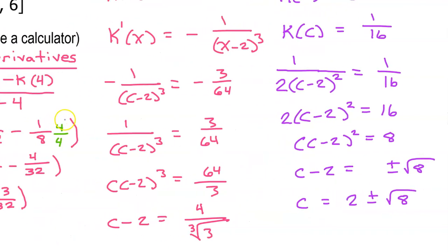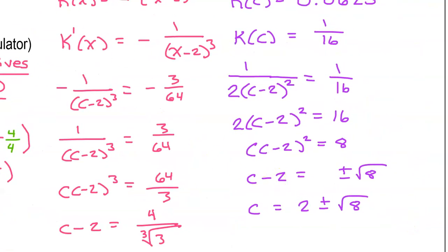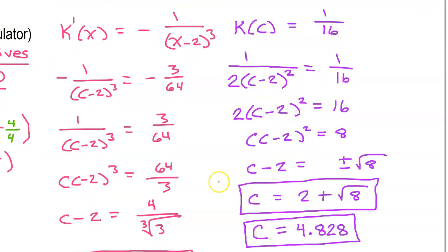Don't forget that we are looking for values of c between 4 and 6. 2 minus radical 8 is a negative number, so that's definitely outside of the interval. So we're going to have to stick with 2 plus radical 8 for the value of c that we are looking for. So as a decimal, the value of c guaranteed by the mean value theorem for integrals is 4.828.